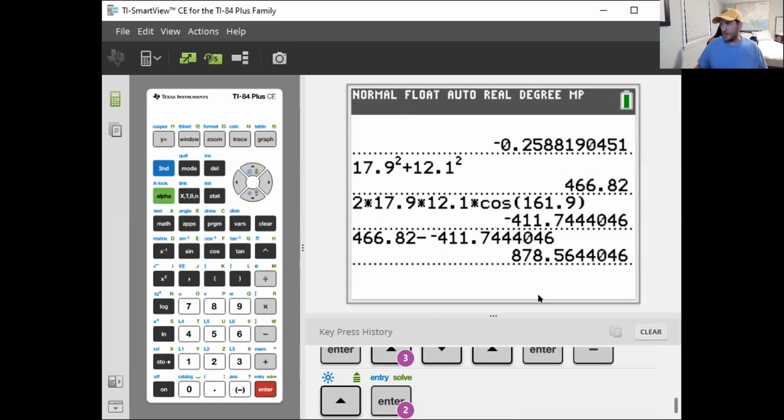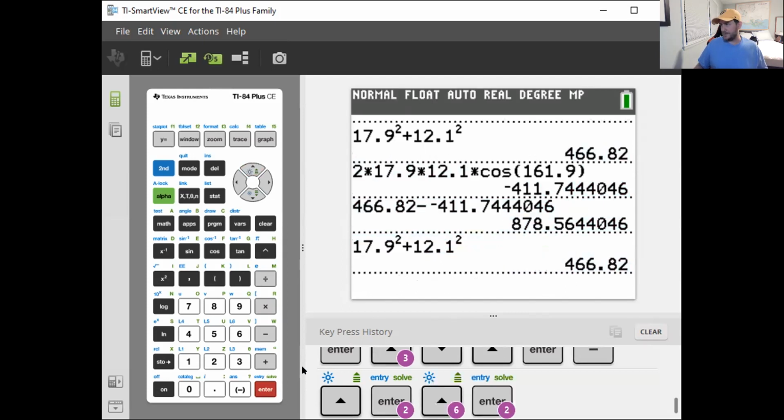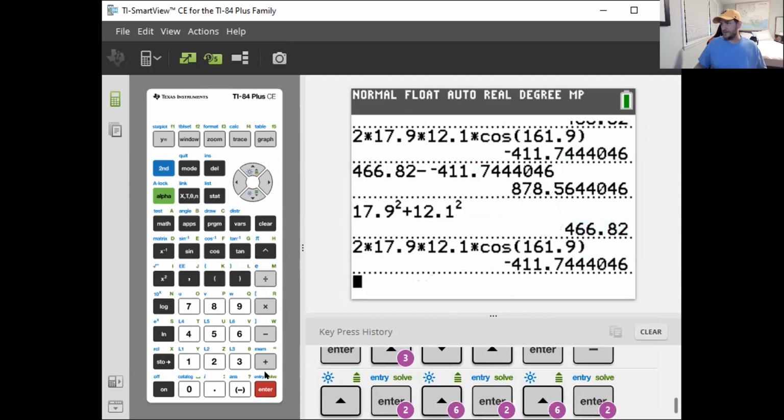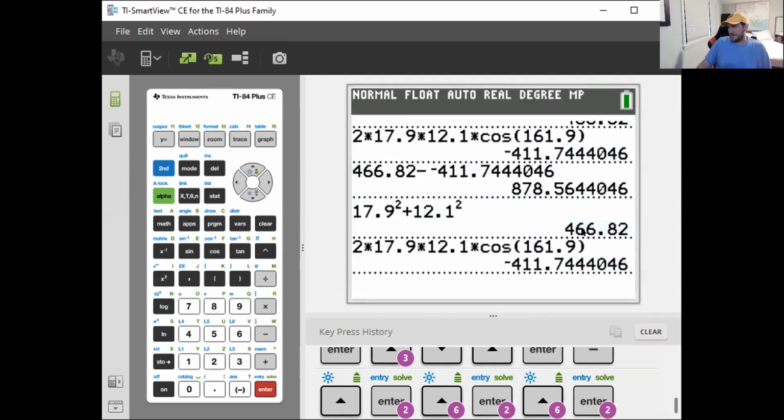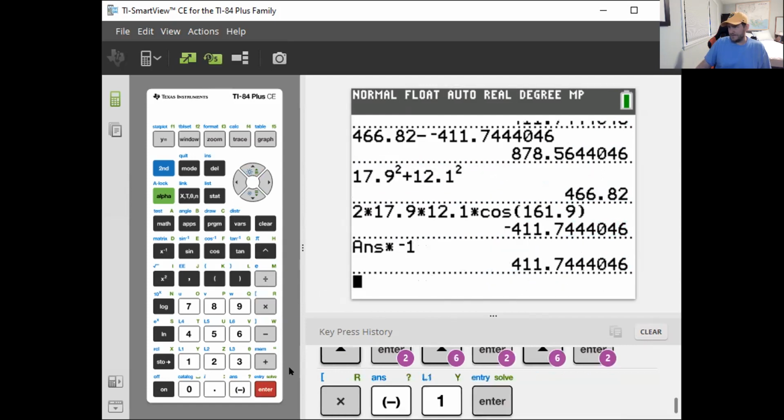So that's cool. We could certainly do that. But if you have a lower tech calculator, then you might have to do this. Imagine you've done this work, gotten that answer, then you did this work and got that answer. Then one thing you might do, since you want to add these two things, is take the answer you've got, multiply it by -1 just to get it back to positive, and then add to it.